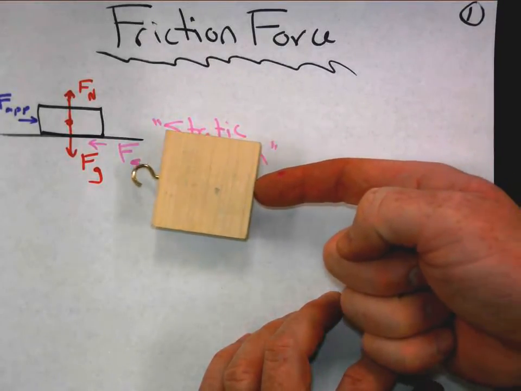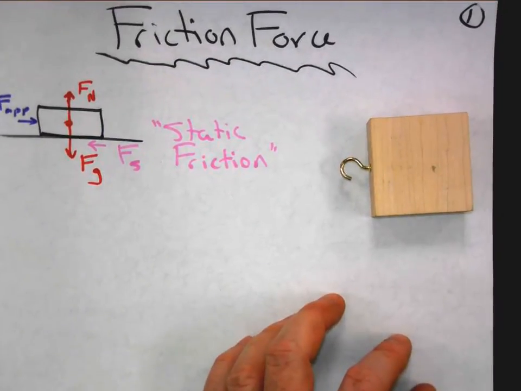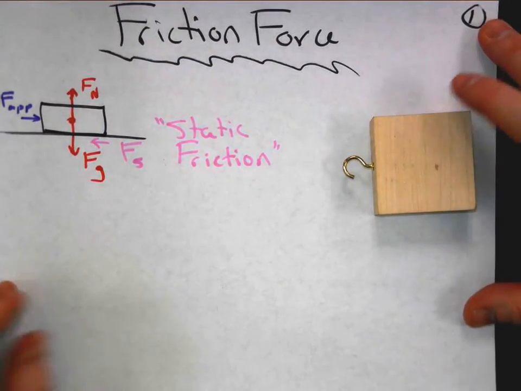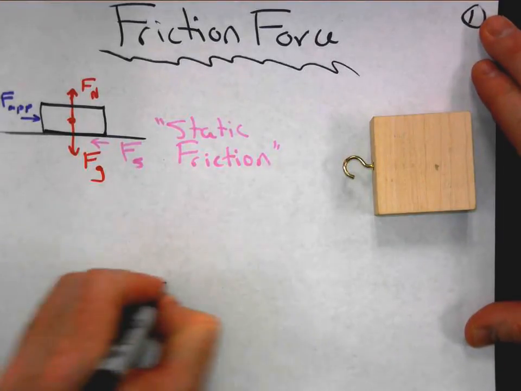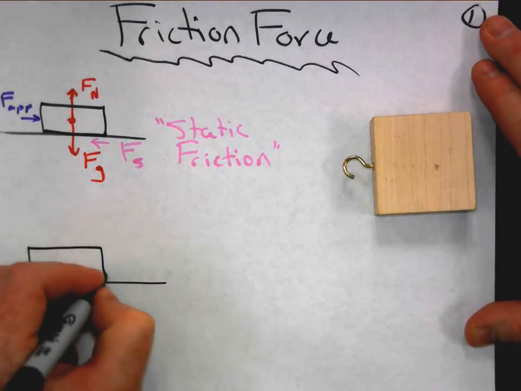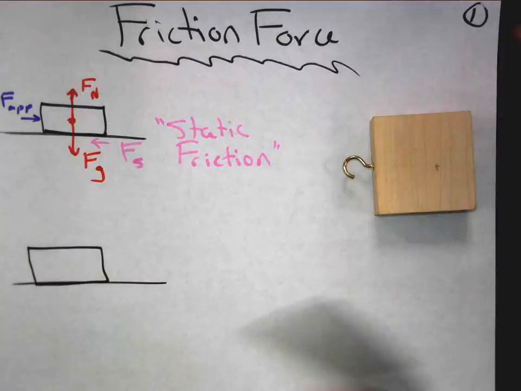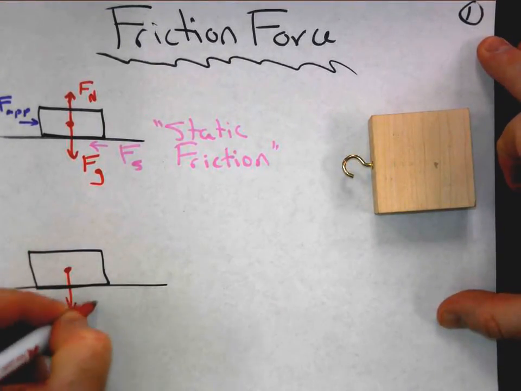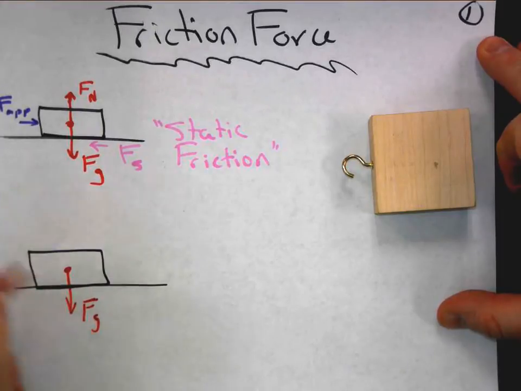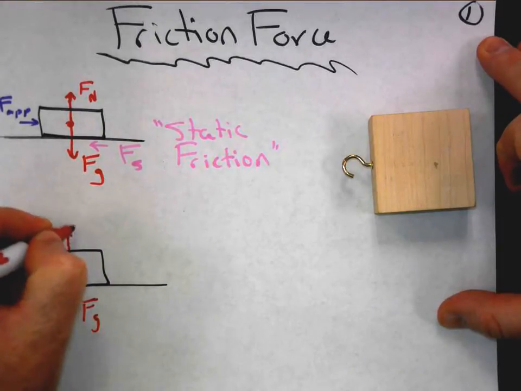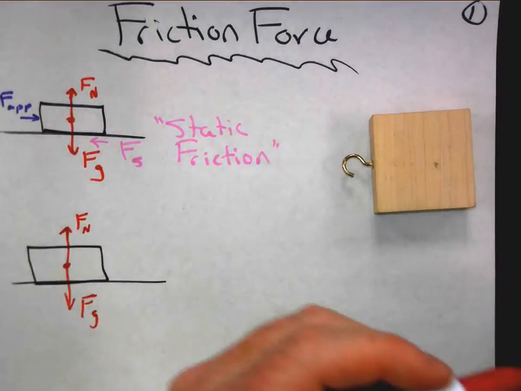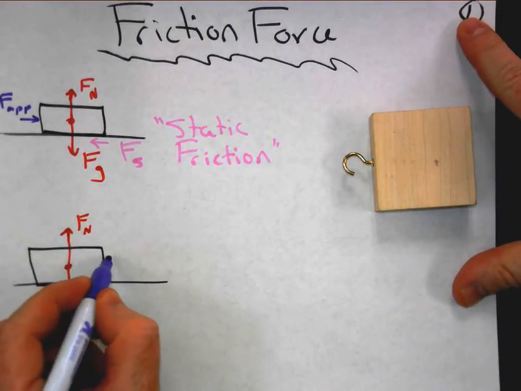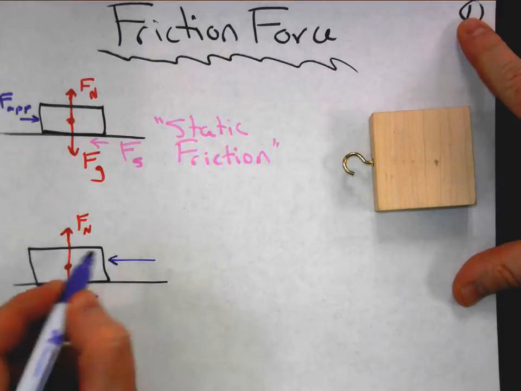A constant velocity means there's no acceleration, so forces are balanced, we have equilibrium. We still have weight pulling it down, that hasn't changed, and we still have the normal force pushing up, that hasn't changed, but my applied force, so I was pushing to the left, let me draw this to the left here, was larger.